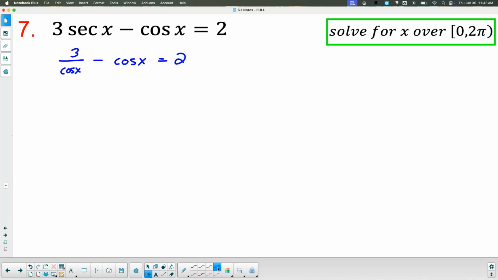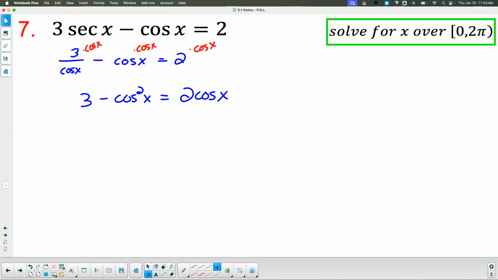If I multiply this one by cosine, what else do I got to do? I multiply that one by cosine, and I'm going to multiply that one by cosine. So now I get 3 minus cosine squared of x equals 2 cosine of x.